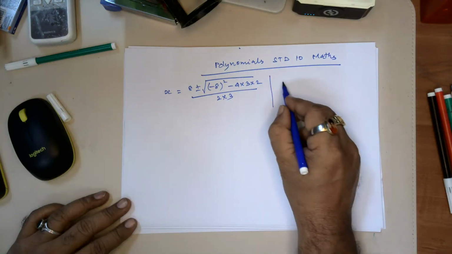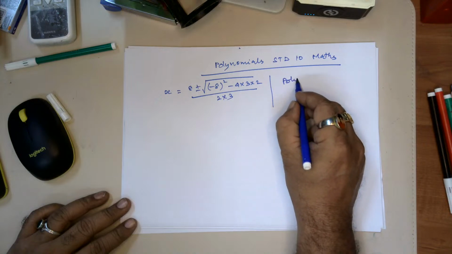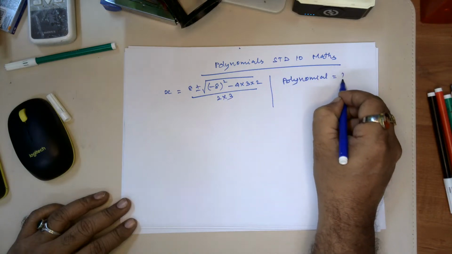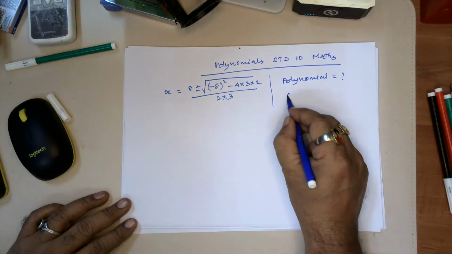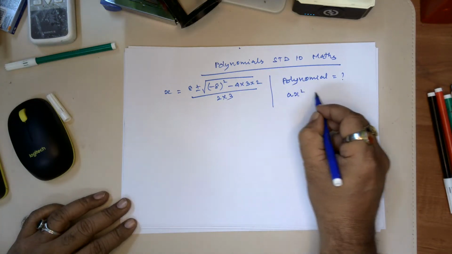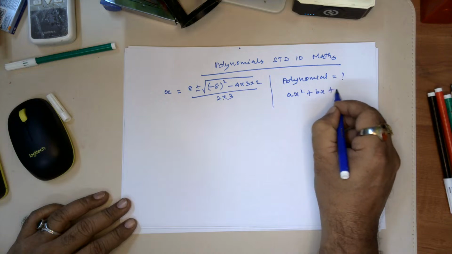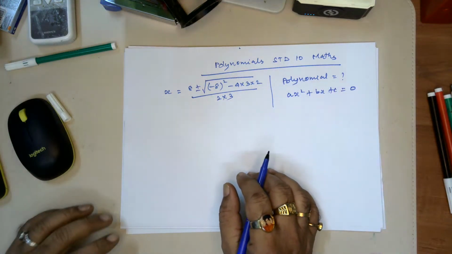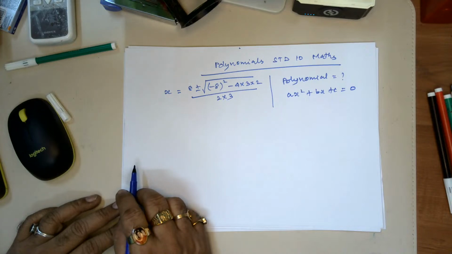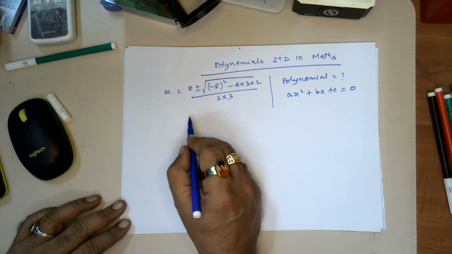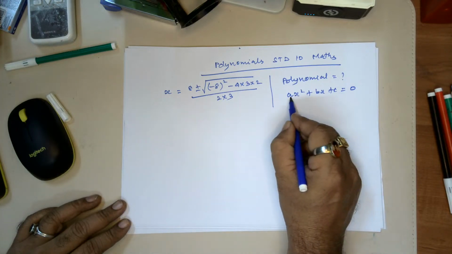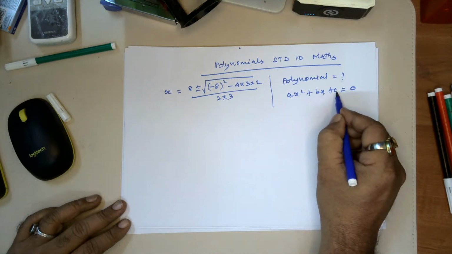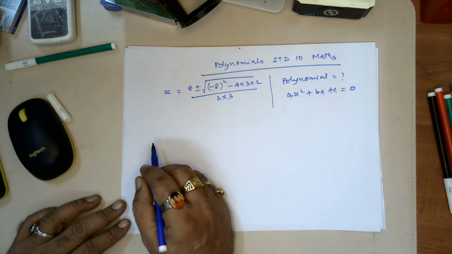So you have to establish the polynomial. It should be in this form, that is ax squared plus bx plus c is equal to 0. So this is the quadratic format, where a is the coefficient of x squared, b is the coefficient of x, c is the constant. So that is equal to 0.